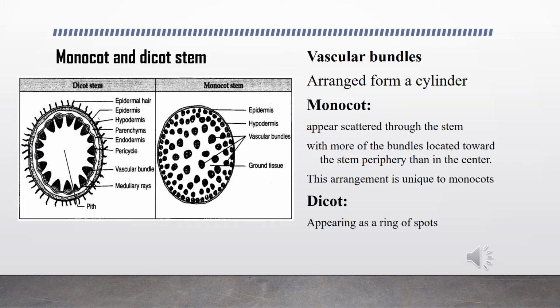They are arranged in a cylinder. Monocot appear scattered through the stem, with more of the bundles located towards the stem periphery than in the center. This arrangement is unique to monocot plants, while dicot appear as a ring of support.